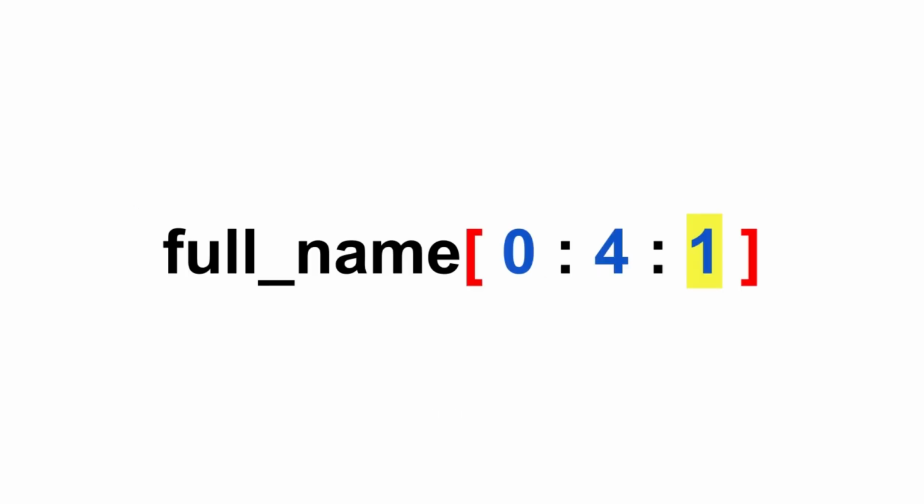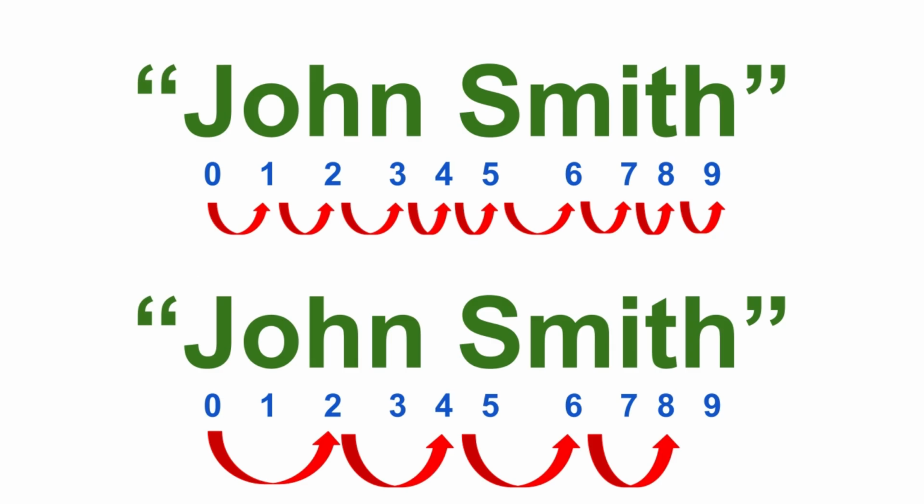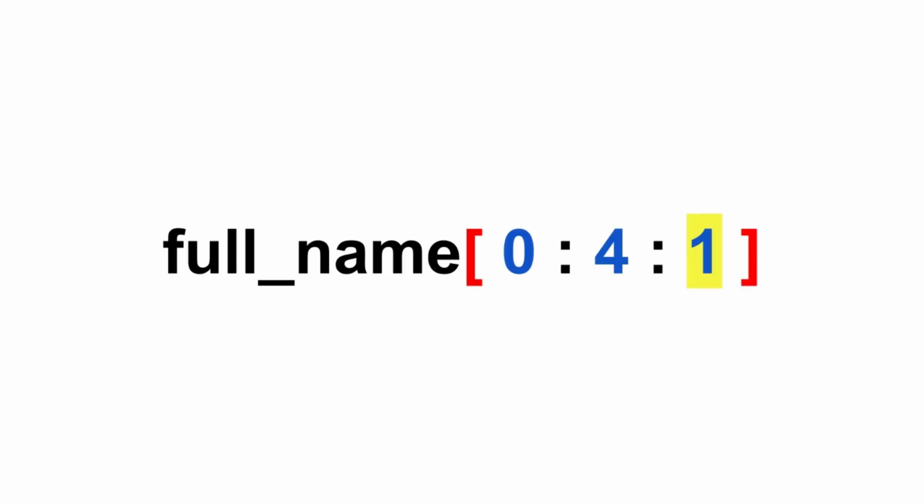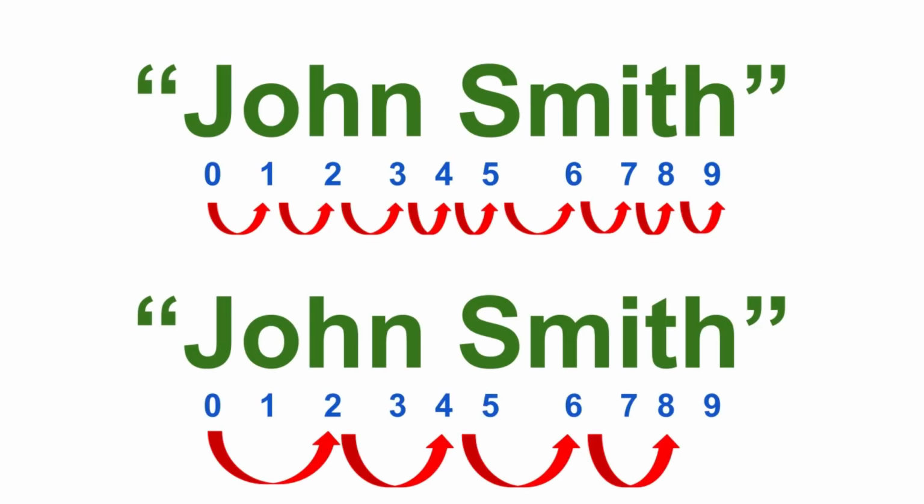There is also the step argument. It is the last argument, and it sets the interval your extracted text goes by. This is used to skip certain indexes in a pattern over and over again. By default, the interval is 1, meaning no character is skipped. The extraction goes from 1 to 1 index. But if we set the interval to 2, the first character will be extracted, the second one will be ignored.